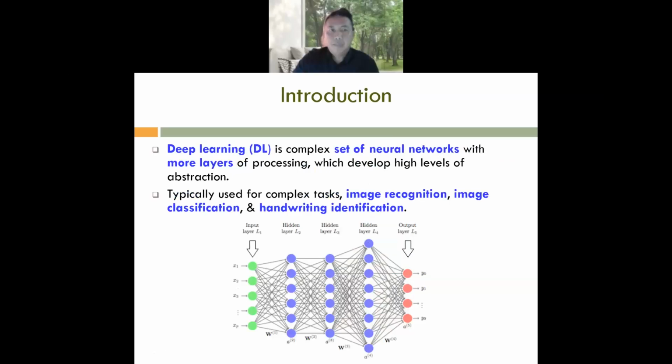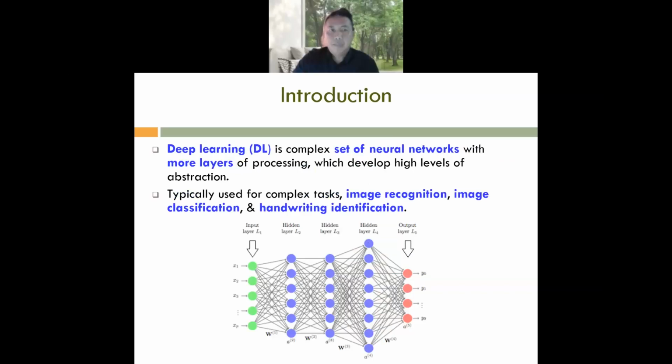But when we look into the more complex structure of the neural network, we say we have a deep learning framework, in which we have a complex set of neural networks with more layers of processing. So not only one layer, but more than one layer. Basically, these are the main frameworks for image recognition, image classification, and also handwriting identification.